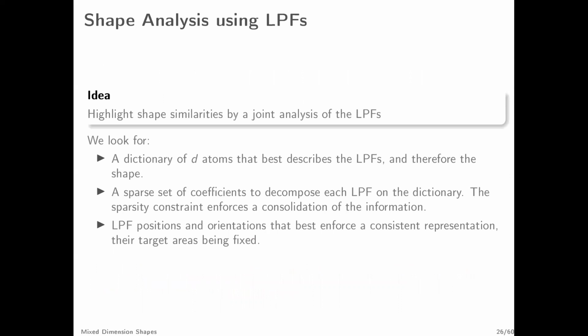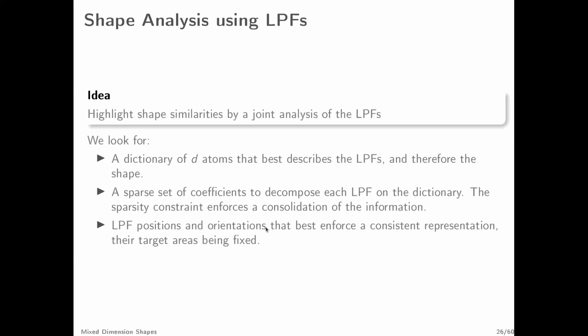And now you have different descriptors. You can still use the same ideas, meaning that you can still try to highlight shape similarities by using a joint analysis of what we call these local probing fields, so these local vector fields. To do that, we use something similar to the compression work.